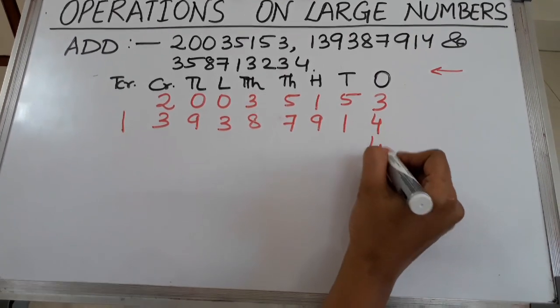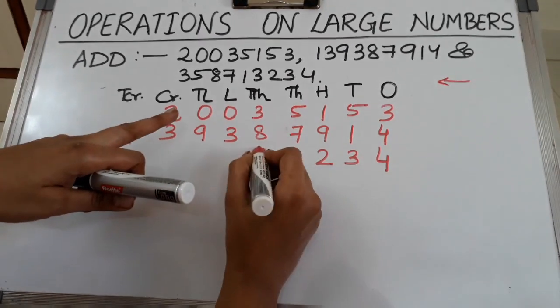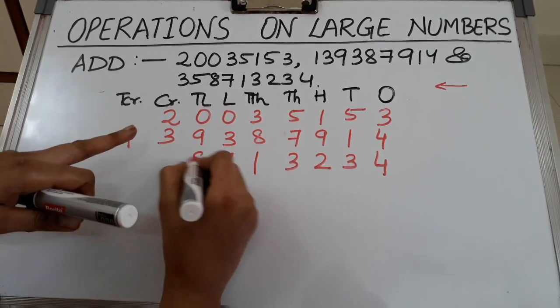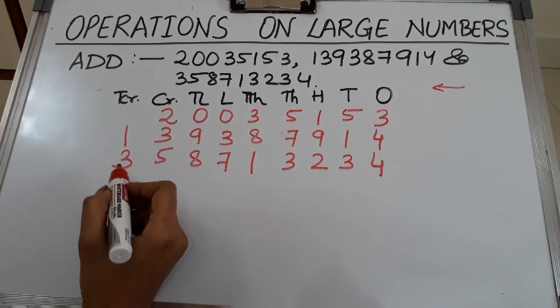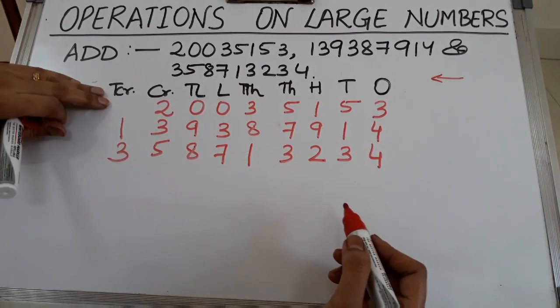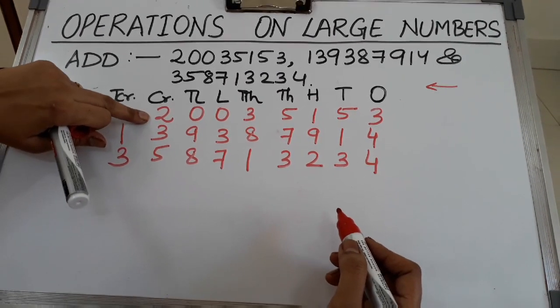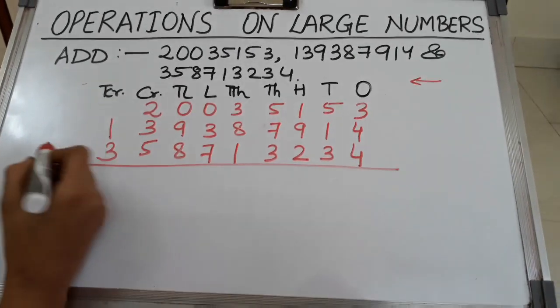Next is 4, 3, 2, 3, 1, 7, 8, 5, 3. Now you can see the difference, why I told you to start from the ones column. See how this goes up to crores and this is 10 crores. Now we can easily do the addition part.